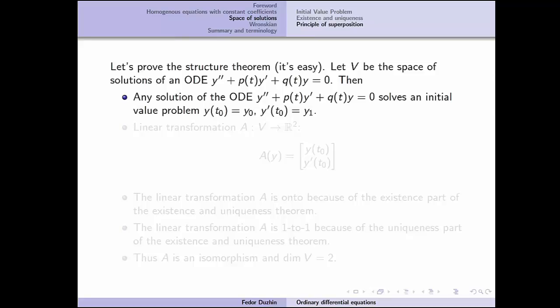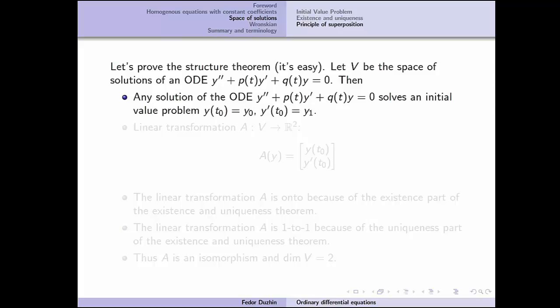First of all, notice that what we know is that all solutions of this differential equation form a vector space. And of course, any solution is going to solve some initial value problem, right?